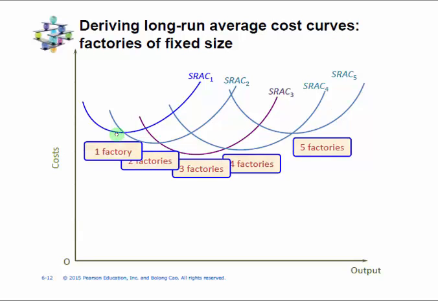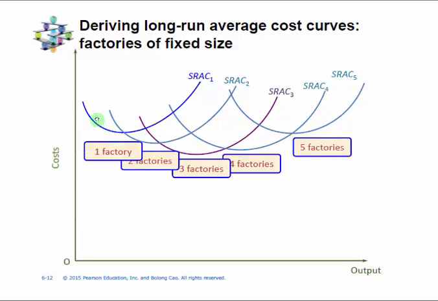Here, when you move from short run to long run, the key difference is that you can actually change your capital input. That's the concept for the difference between short run and long run. In the short run, you cannot build more factories or make your factory larger, but in the long run, you can completely build a new factory or even destroy some of the factories you already have.